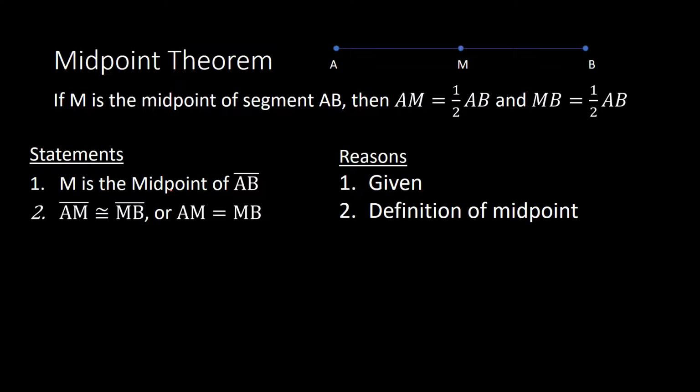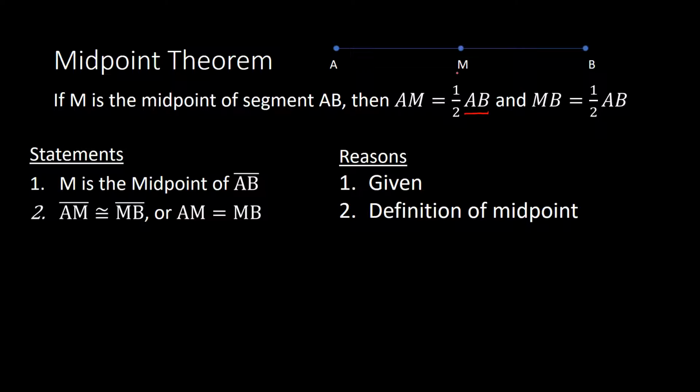So now the question is, where do we go from here? Well, notice at the end, we need to somehow get the entire segment AB into this equation. So maybe if we were to put AM and MB together, then that would give us the entire segment AB.